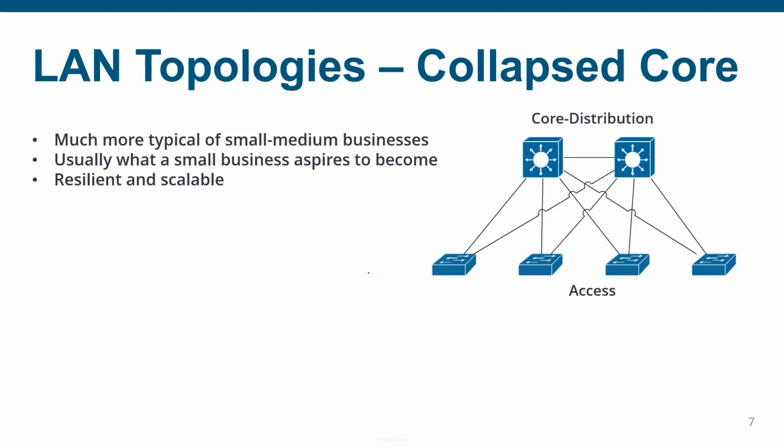Now, what happens though when your company gets to a certain point that when you add additional buildings, usually what you'll do is add another core or distribution layer. Say it's these two switches here, right? And that they will be fully interconnected to these.